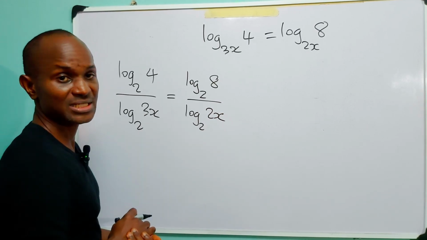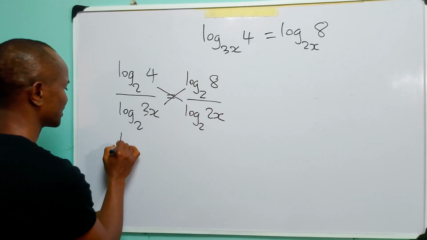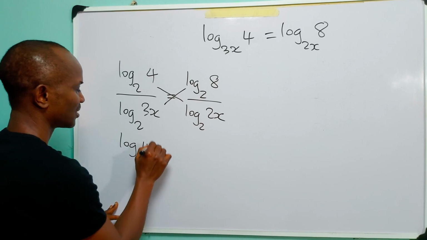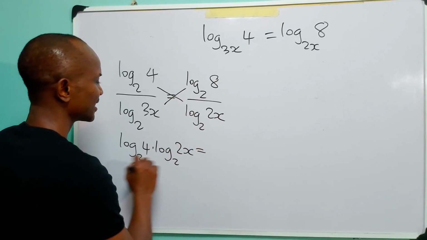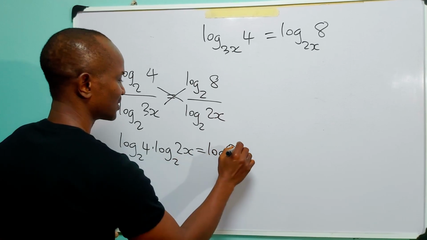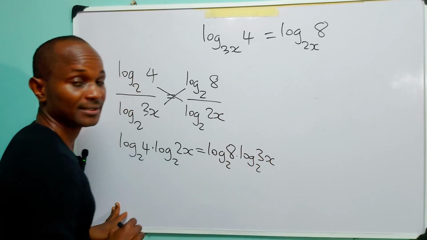The next step to solving this equation will be to cross multiply. So we have that log base 2 of 4 multiplied by log base 2 of 2x is equal to log base 2 of 8 multiplied by log base 2 of 3x.